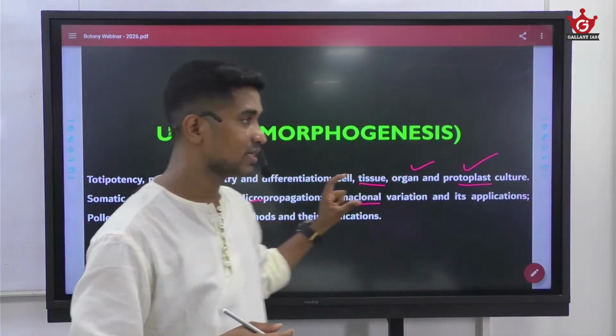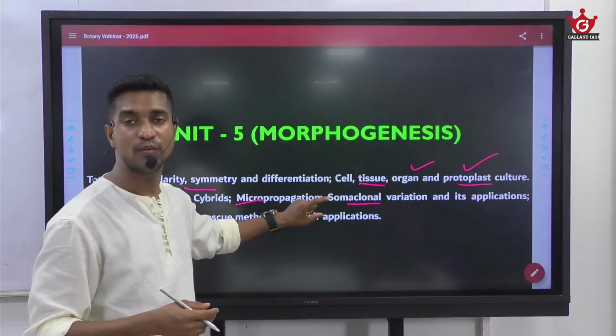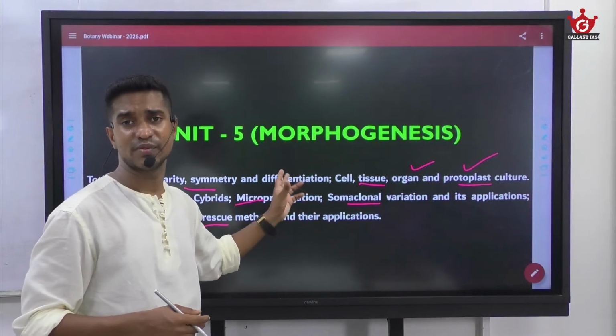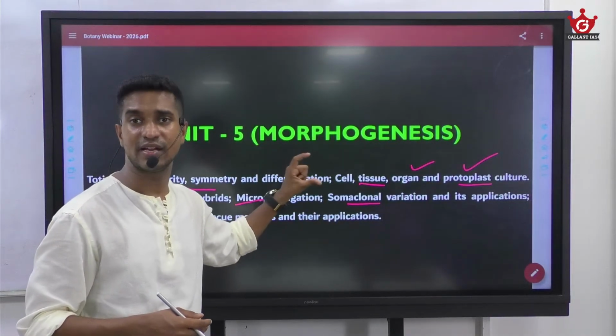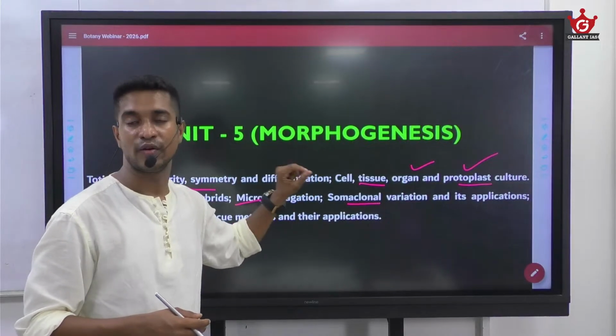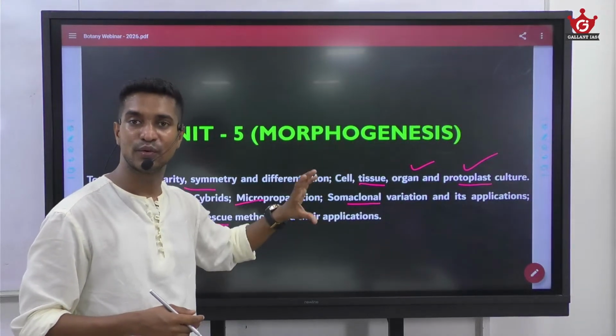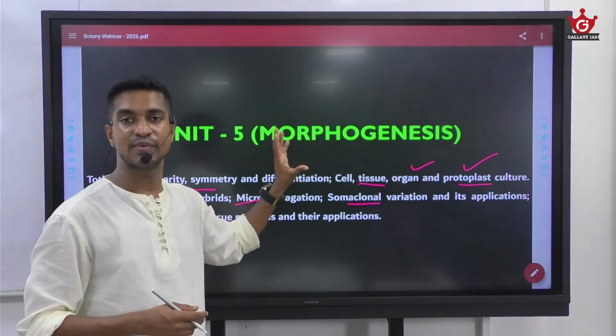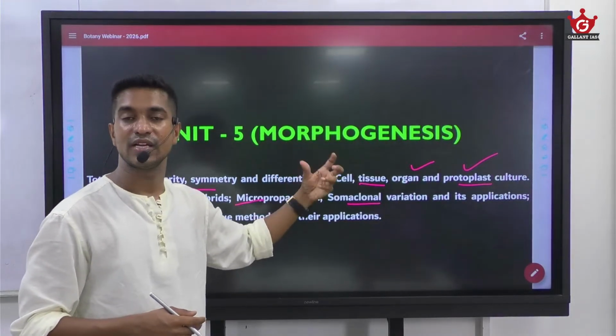While discussing this particular unit, give more emphasis to all the areas mentioned here. It is a very concise unit, and you can complete the entire unit within a short span of time. If a question is asked from this part, you can definitely score well.